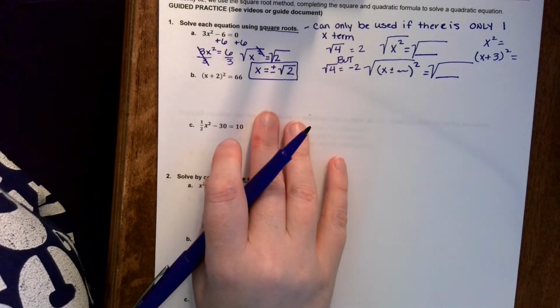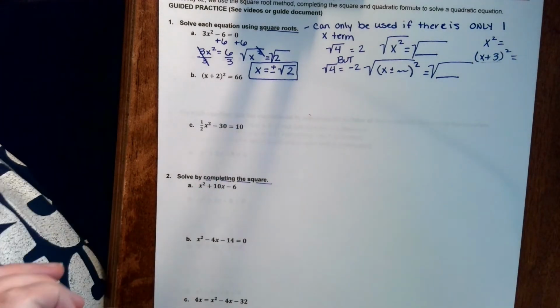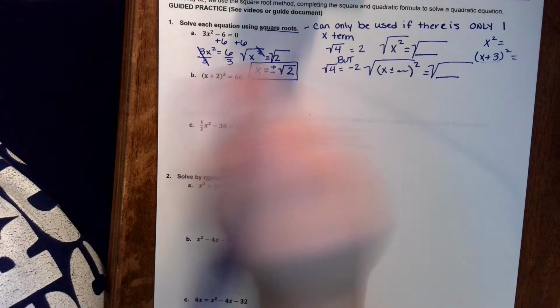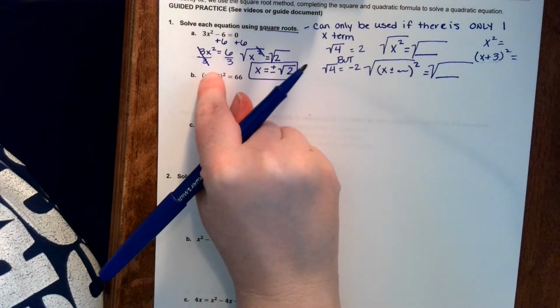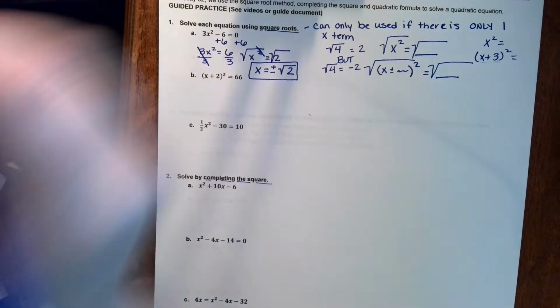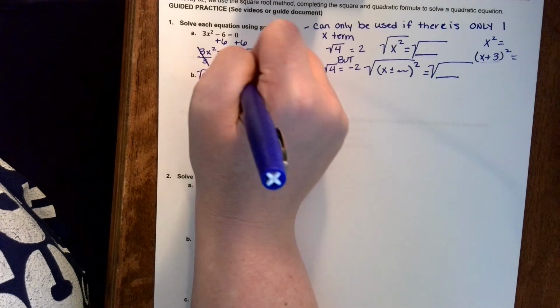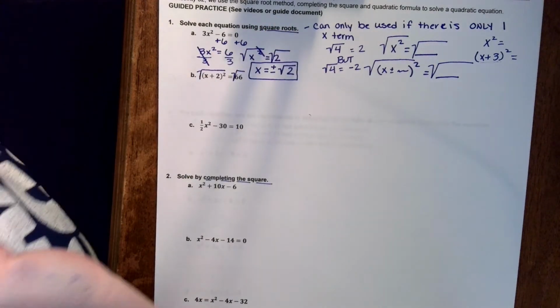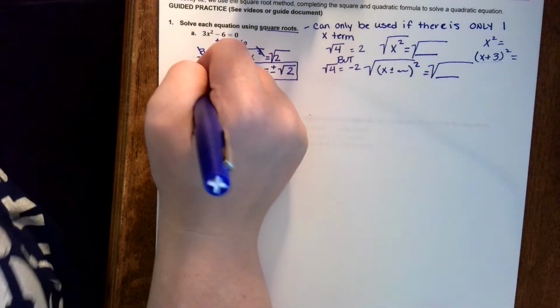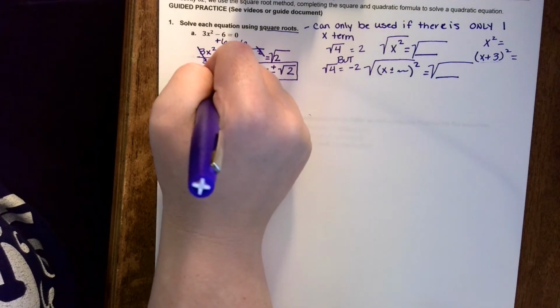So let's look at the next one. So this is set up like a binomial, like we had here. So because we have x plus 2 in parentheses, we just have something squared equals 66. So what we're going to do is we're going to go ahead and take the square root of each side. So what I have is the squared and square root cancel.